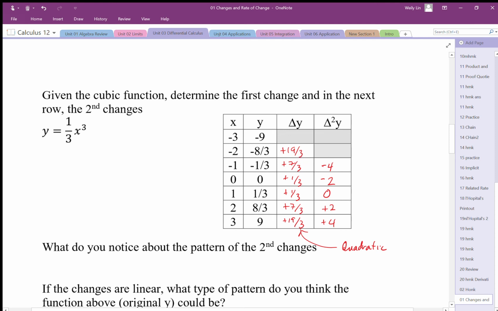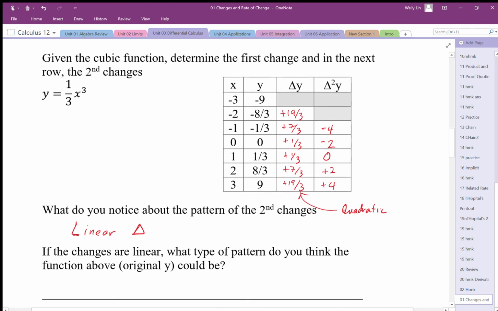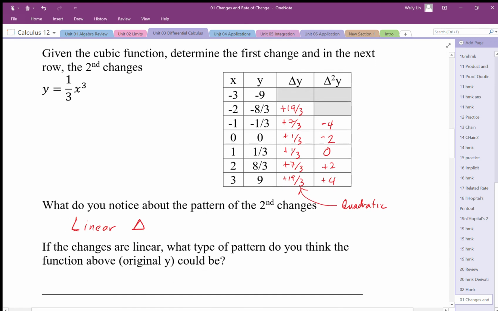So what's the pattern of the second changes? They are linear. We have linear change. So the original change, in this case the first change, must be quadratic.